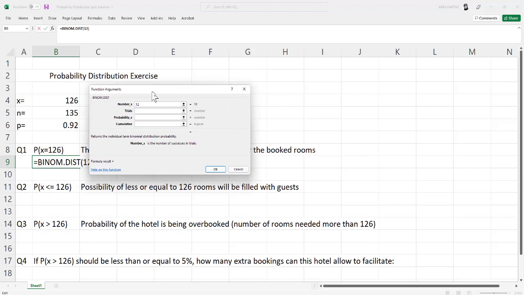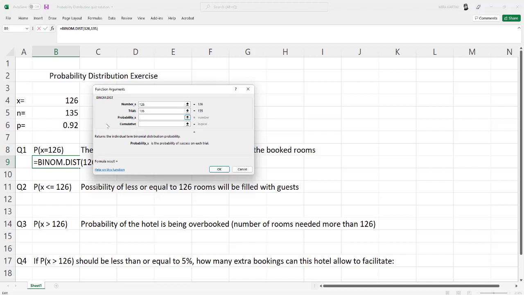How do I get that 126? This is the number of rooms that we have. So this is the successes, which means the customers get the rooms that they have booked. Trials, we have 135. We have 135 customers or guests that we have allowed to book the rooms.